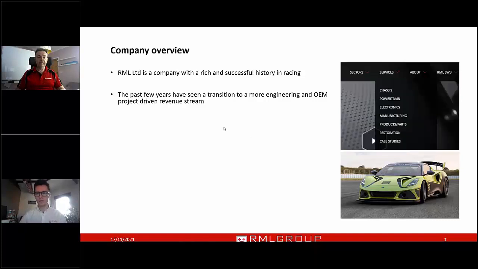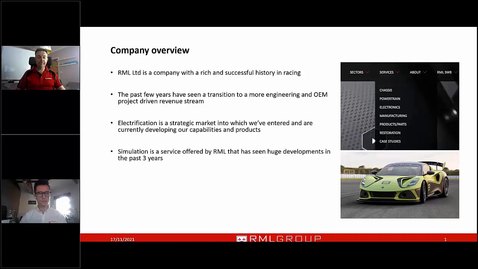That can be chassis engineering, powertrain engineering, electronics, manufacturing, and all sorts of other capabilities that we have. A big market we've entered recently has been electrification, and we are currently developing our capabilities and also developing products for our customers.